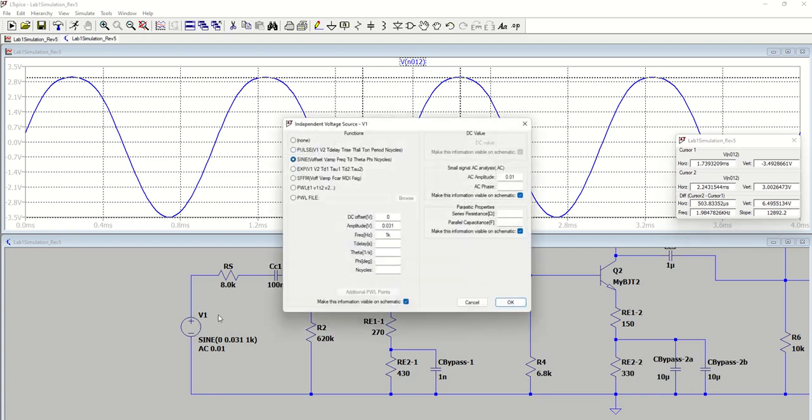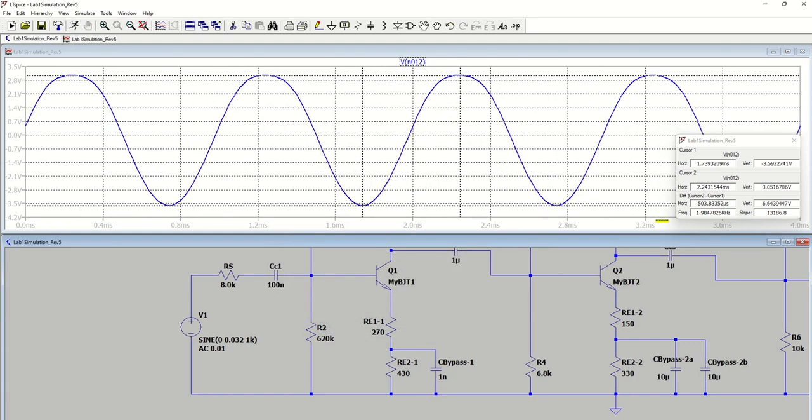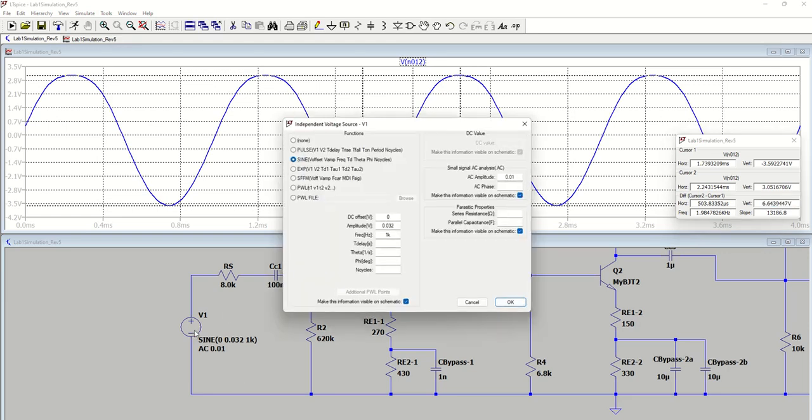You might go with 0.03 or 0.032, and that is completely fine, but you're trying to find that point where you're starting to get a little bit of linear distortion, but it's still a sinusoid. It's not hard clipping, because if you hard clip, your max output peak to peak is much larger than your theoretical.